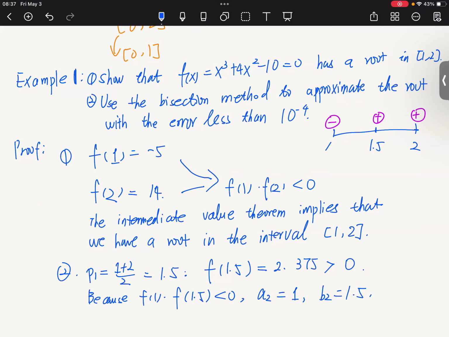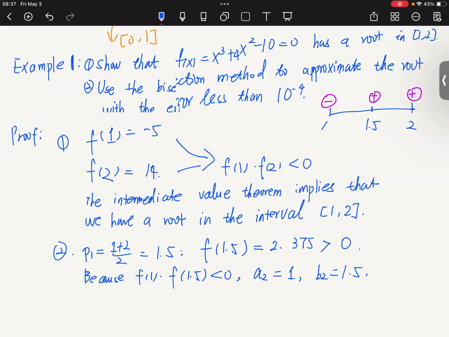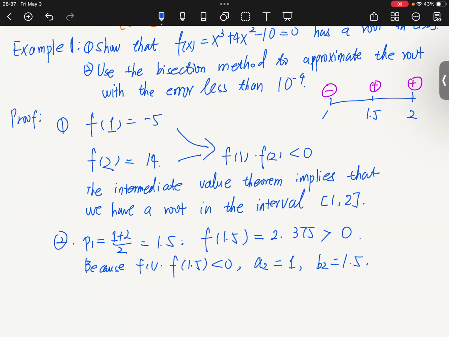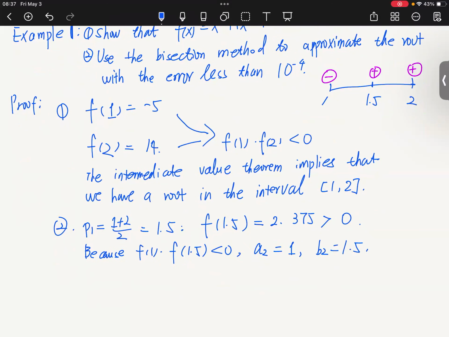And this is my new interval for the search of the root of the function. And now I'm going to get my P2, and P2 is just 1 plus 1.5 divided by 2. And I got this value, it should be 1.25.